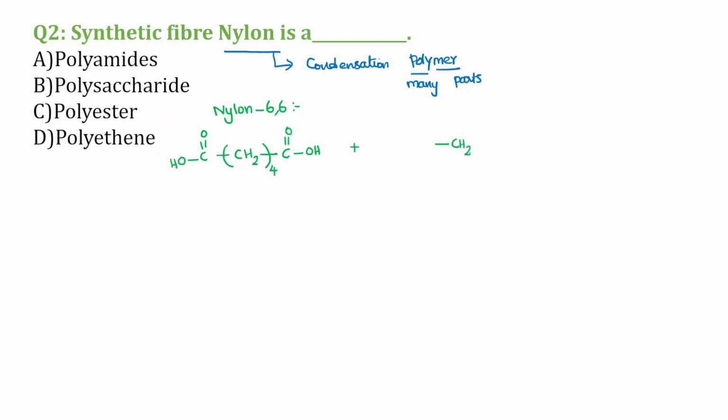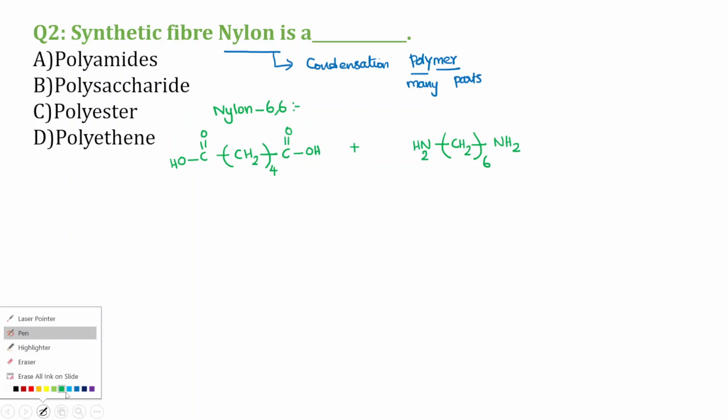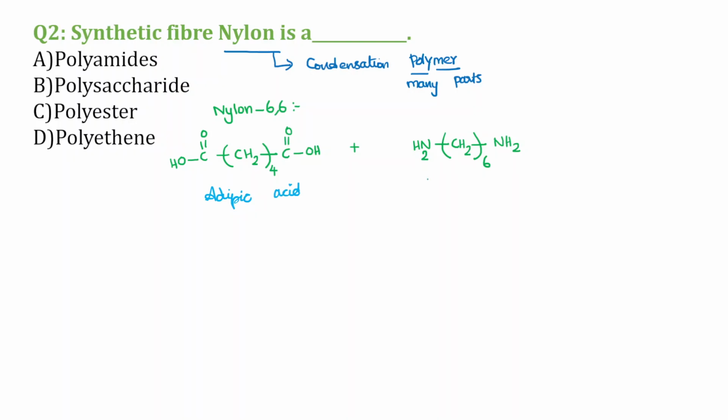Methylene means a CH2 group with two valencies on both sides. The methylene group is going to be present 6 times. Amine means NH2, and there are two amines, so this is called hexamethylene diamine. So this is adipic acid, and this is hexamethylene diamine.